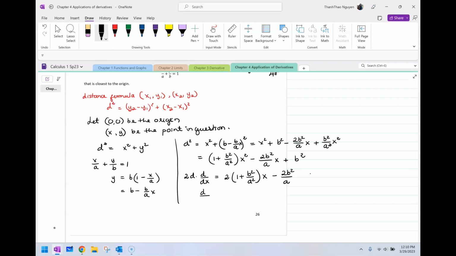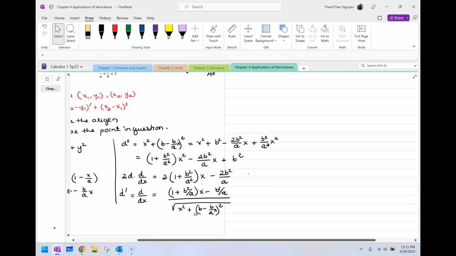So d prime, the first derivative, is equal to ((1 plus b squared over a squared) times x minus b squared over a) divided by d, which is the square root of x squared plus (b minus b over a x) squared.